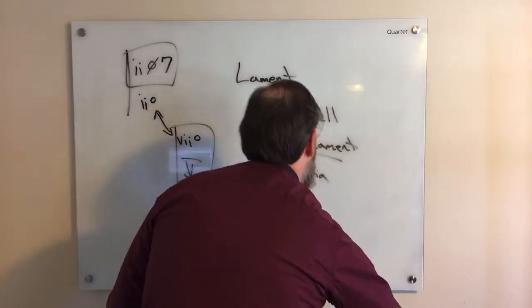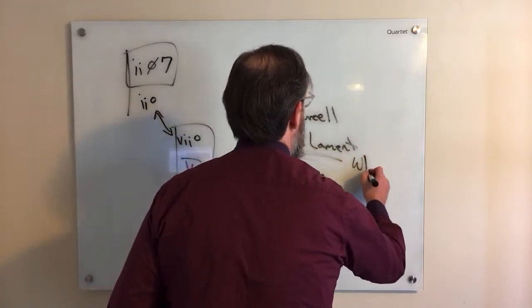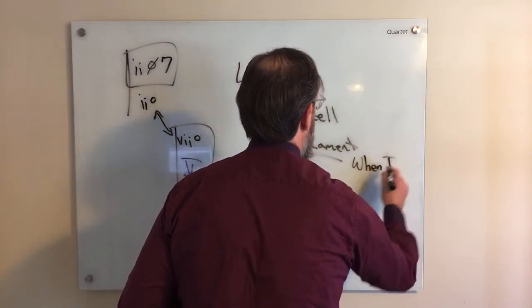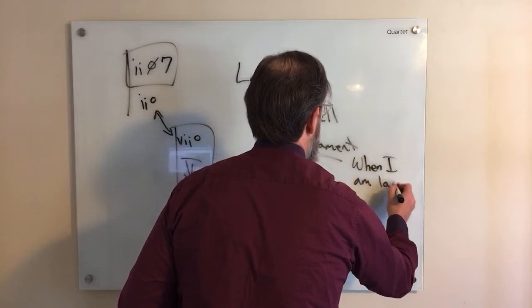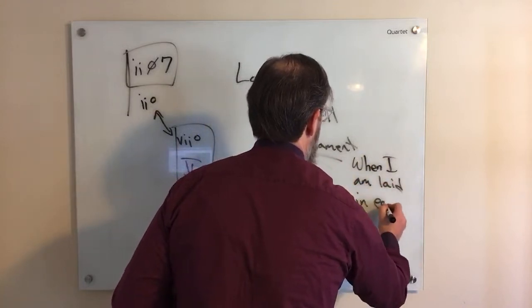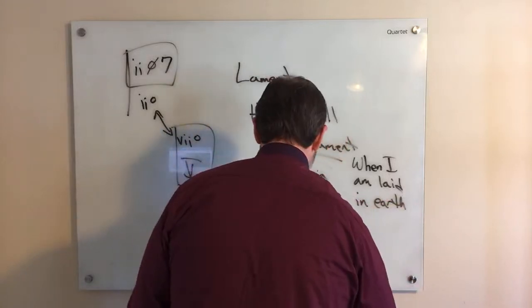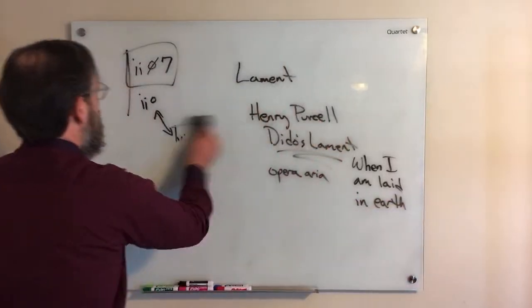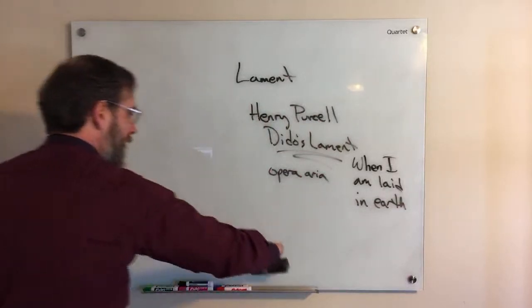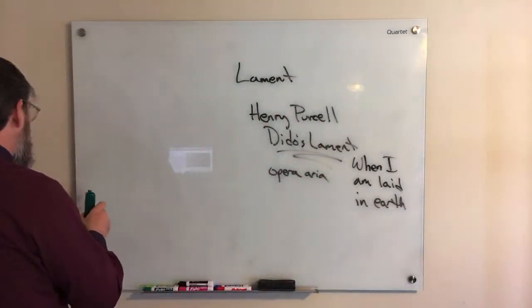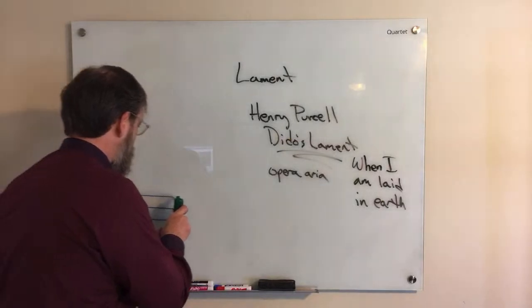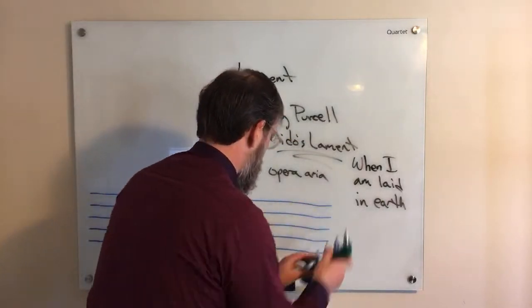The first lyrics are, when I am laid in earth, when I am laid in earth. So meaning when I'm buried. So when I die and have been buried, there's a bunch of instructions on what they would like to see happen. It's a wonderful piece of music, very famous, definitely has withstood the test of time.